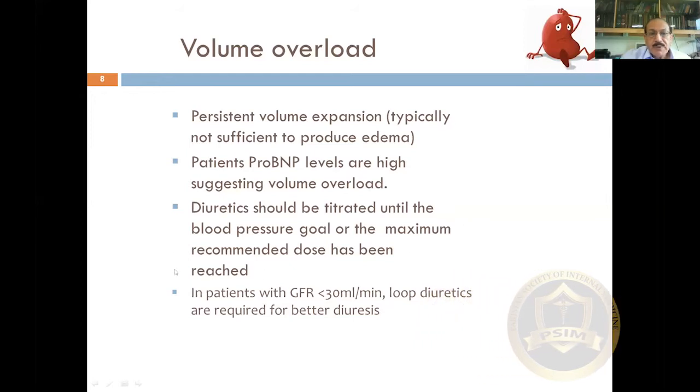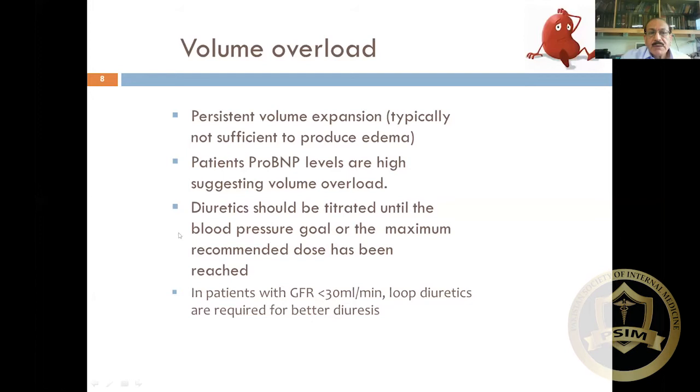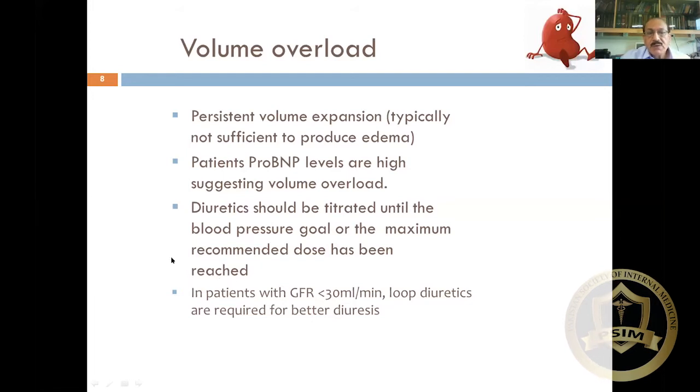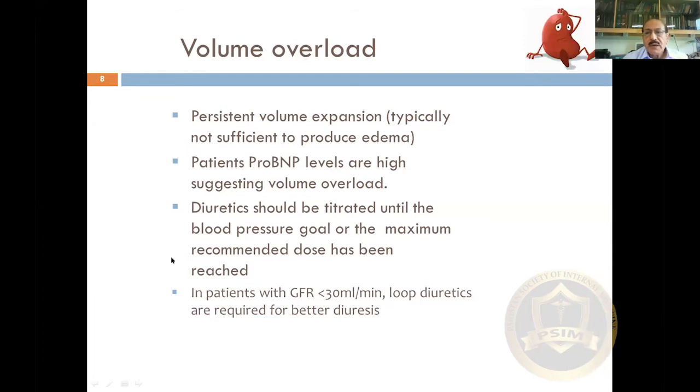So the majority of these patients will require some form of diuretic. And if the GFR is not very low, then a thiazide or thiazide-like diuretic is effective. But if the GFR is low, then a loop diuretic is usually required. And in patients with GFR less than 30 mL, loop diuretics are required for better diuresis.